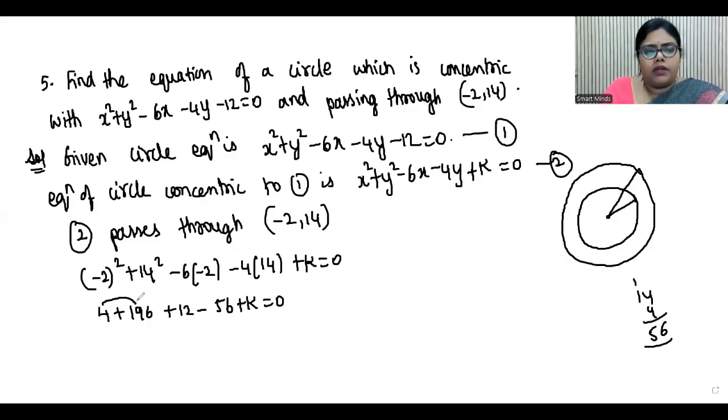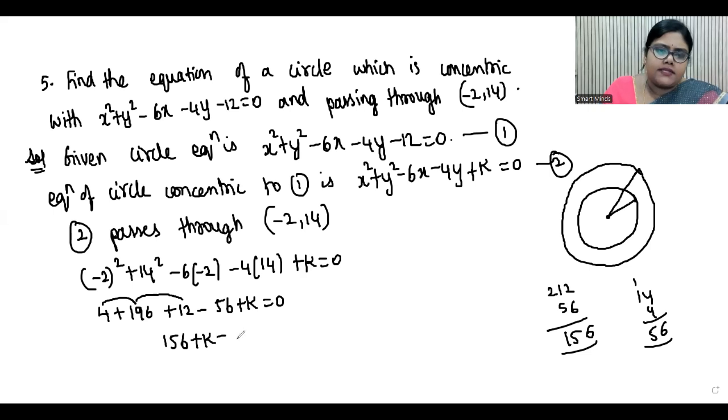Now 200 plus 12 is 212. What is 212 minus 56? 156. So this is 156 plus k is 0. That means k is minus 156.